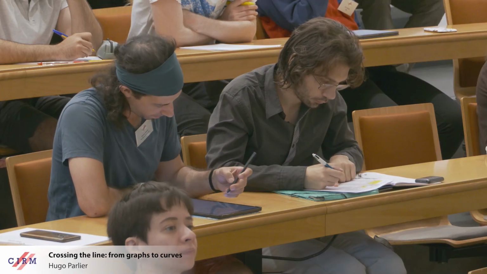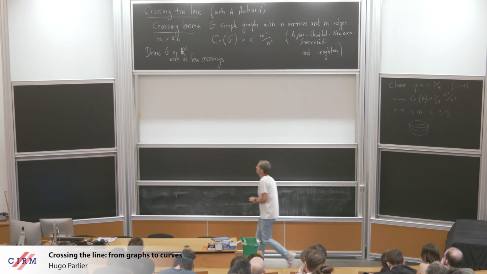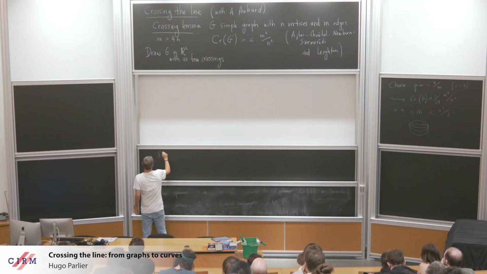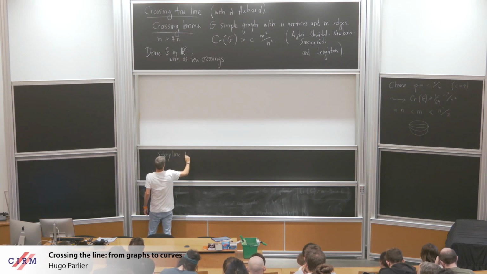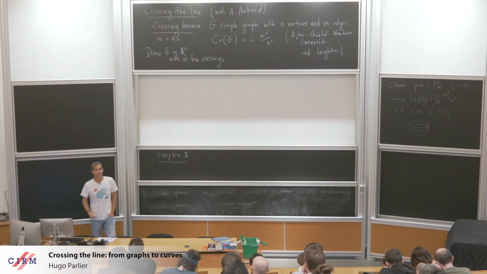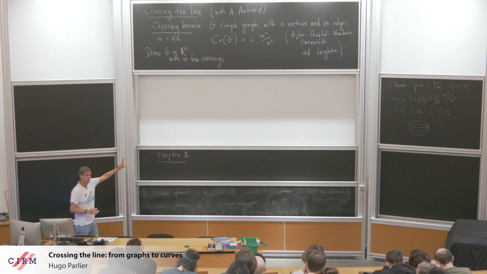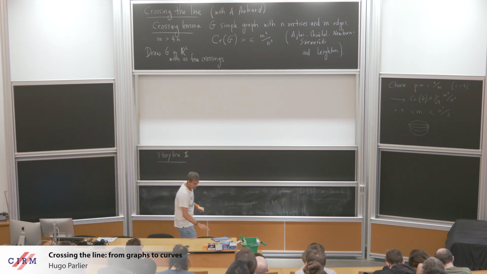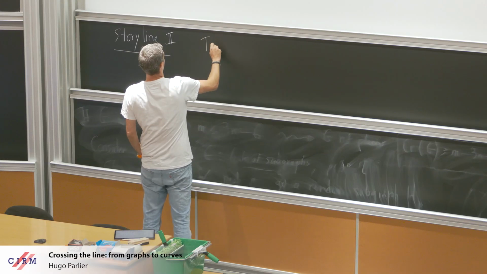All right, so this is the second storyline. And at least you can understand how the first storyline inspires the second storyline. And the question is now completely different. So we take a surface.